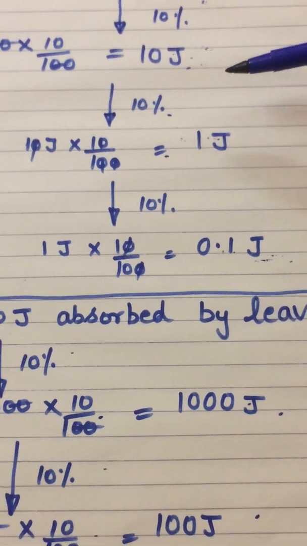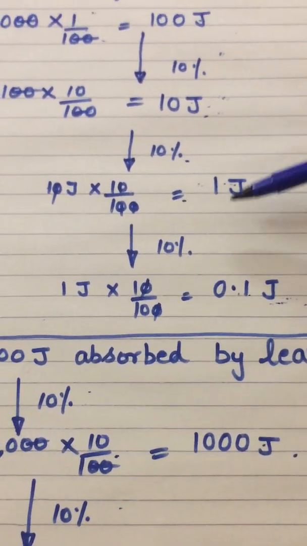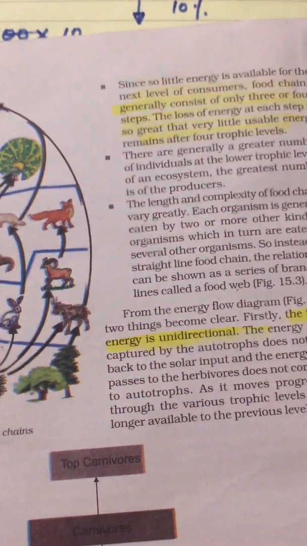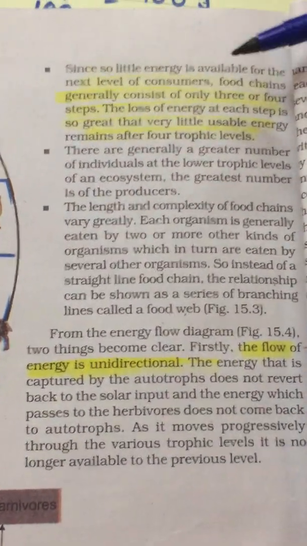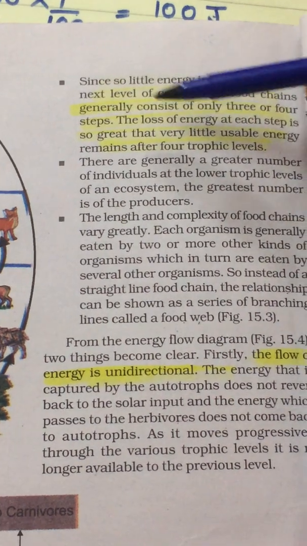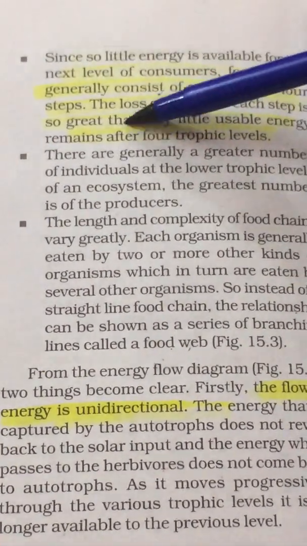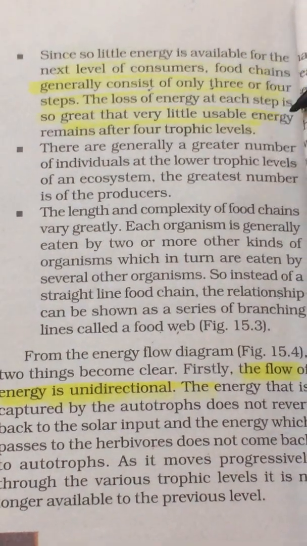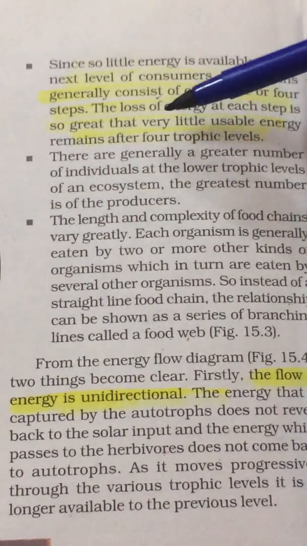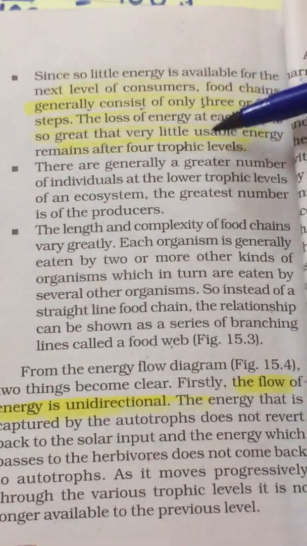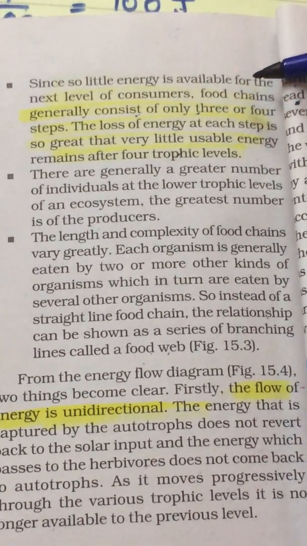So the food chain consists of a maximum of 3 or 4 steps. The loss of energy at each step is so great that very little usable energy remains after 4 trophic levels.